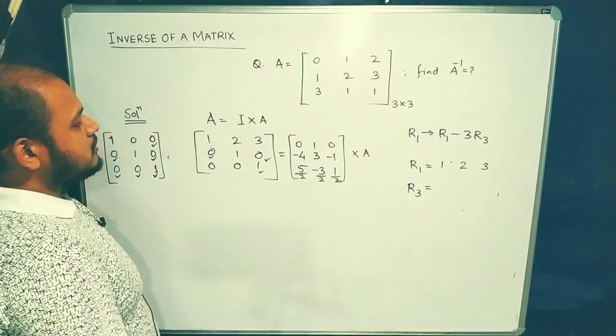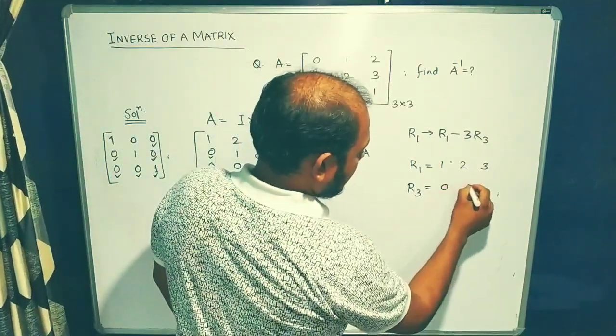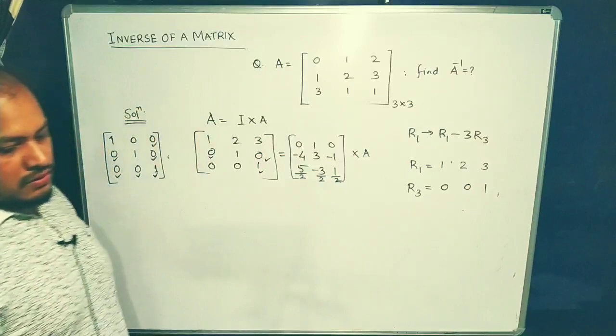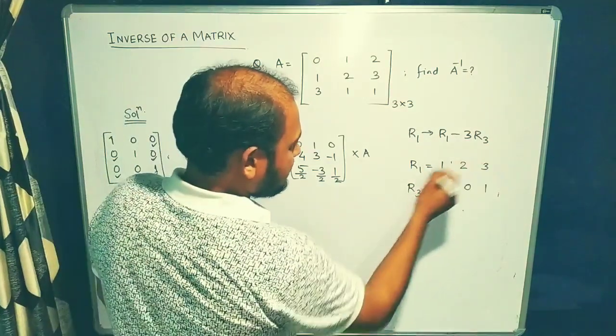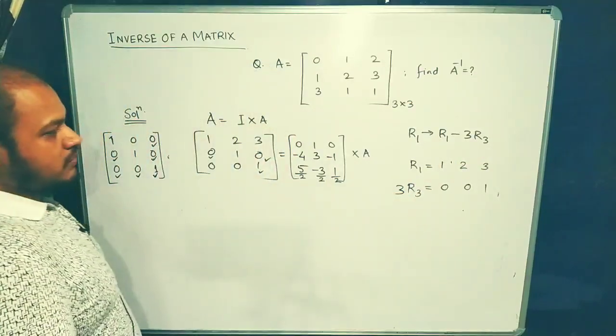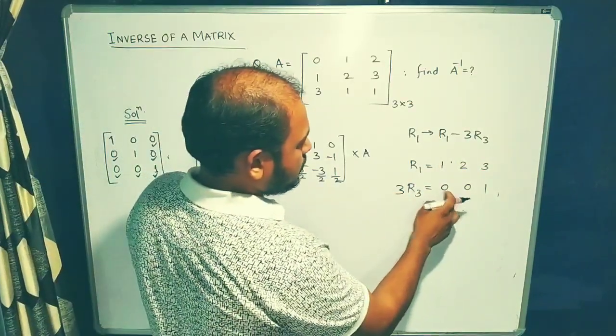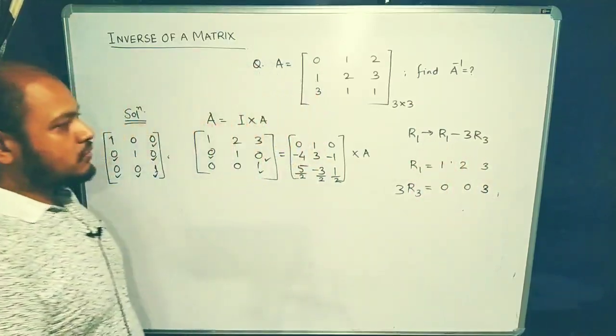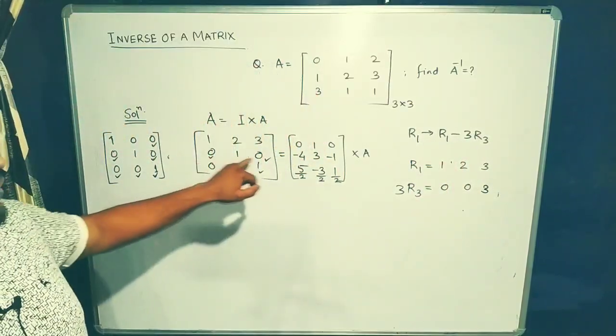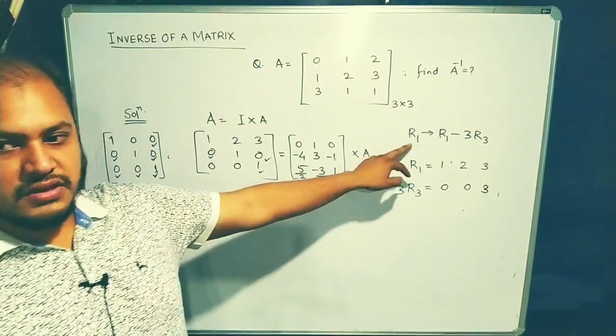The third row is 0 0 1, and 3 times the third row is 0 into 3 is 0, 0 into 3 is 0, 1 into 3 is 3. So now we see that the second row is not getting changed, only the first row is getting changed.